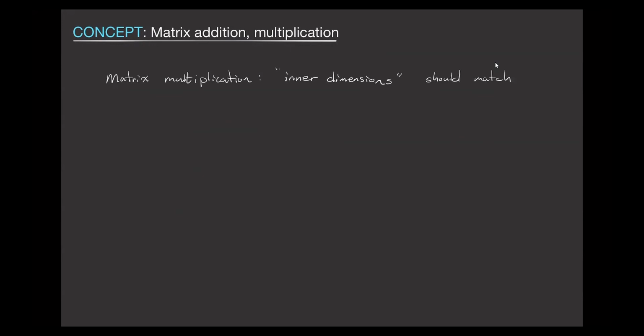So if you have a matrix, we'll call it A, that's m by n, and we multiply it by B, what we need is for B to be n by something. We don't actually care what this m and the p are. What we need is for these two to be the same. So we need this n and this n to be the same number, which maybe I'll color here.